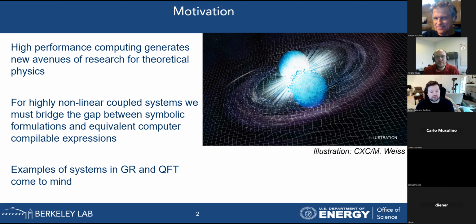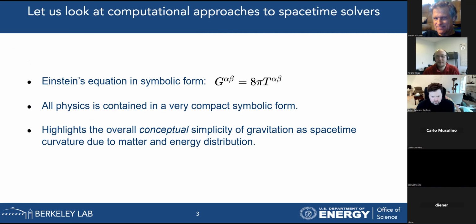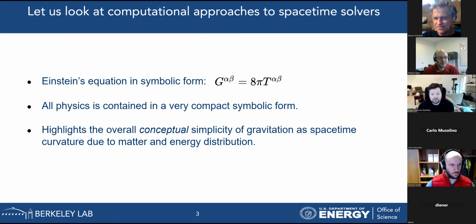Anywho, so how do we bridge this gap? Well, code generation is the key. So let's talk about the most prototypical example. Let's talk about Einstein's equation. Einstein's equation in symbolic form looks very innocuous. It looks very simple, and that's, of course, by design. All the physics is contained in a very compact symbolic form, and it highlights the overall conceptual simplicity of gravitation as a space-time curvature due to the matter and energy distribution.